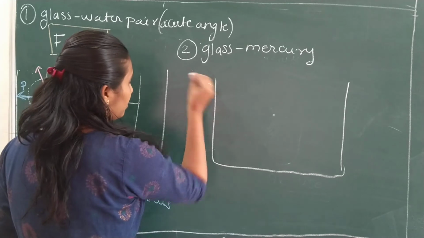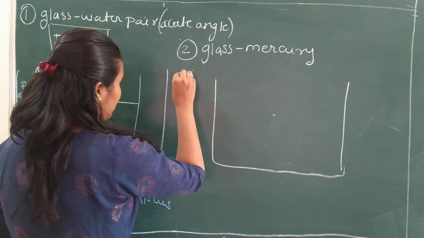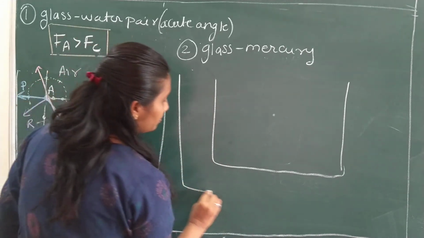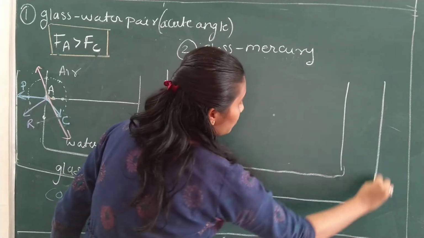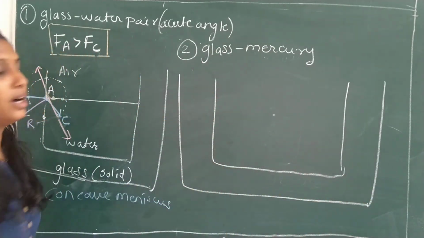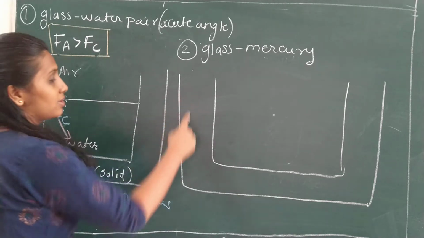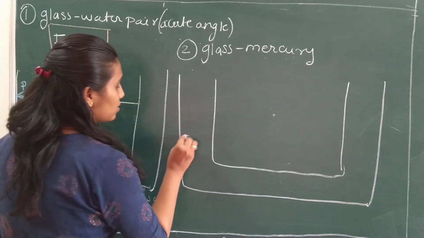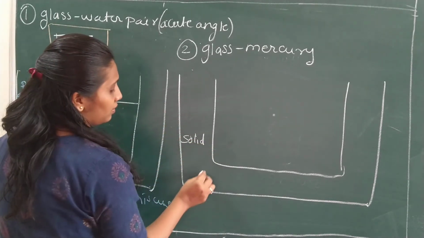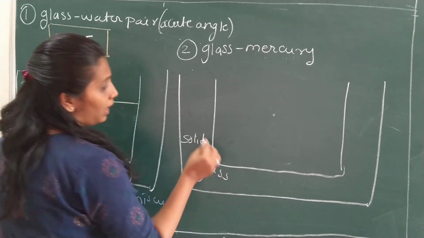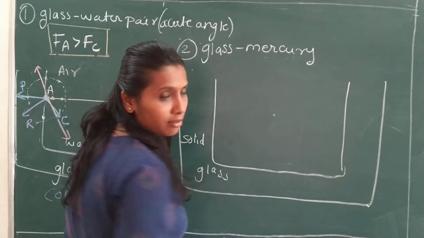So suppose this is a solid wall. Why am I showing this broader wall? To understand properly that this total part is the solid, say glass. And inside that we are filling mercury now.